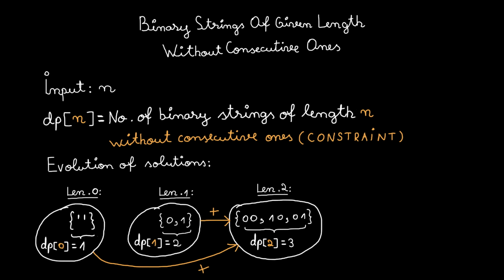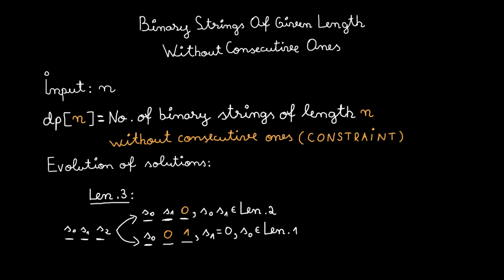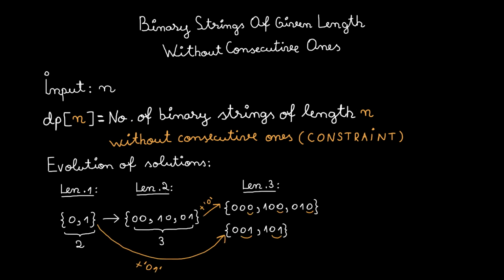One more step. For the strings of length 3, we also have two scenarios. The one in which s2 equals 0 and s0, s1 is part of the length 2 set, and the second scenario in which s1, s2 equals 0, 1 and s0 is part of the first set. In other words, we will pick each string from the length 2 set and push the character 0 to its end.